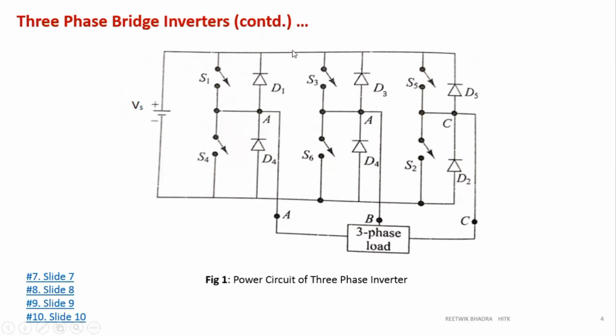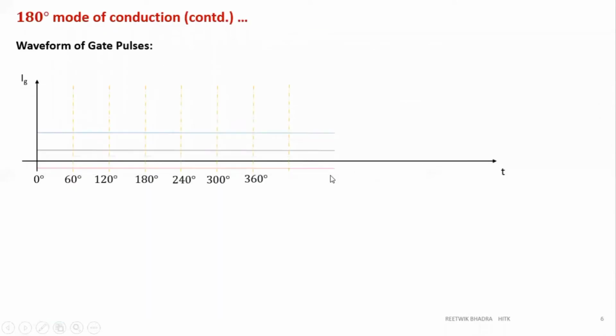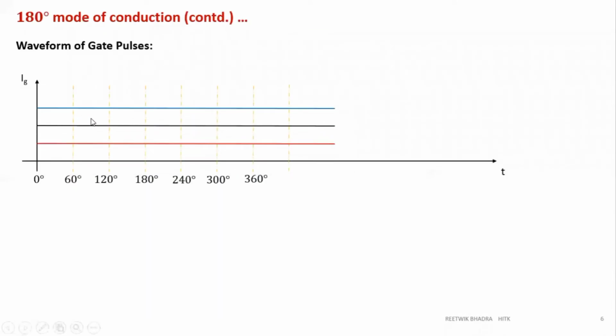The second band is leg 3, so I'll draw for 2 and 5. The third band is for leg 2, so I'll draw for 3 and 6. So these are the 3 bands: the first band represents the first leg, the second band represents the third leg, the third band represents the second leg. Okay.